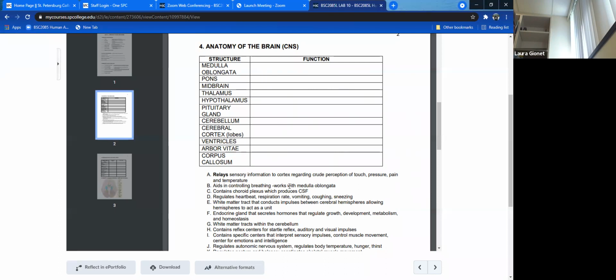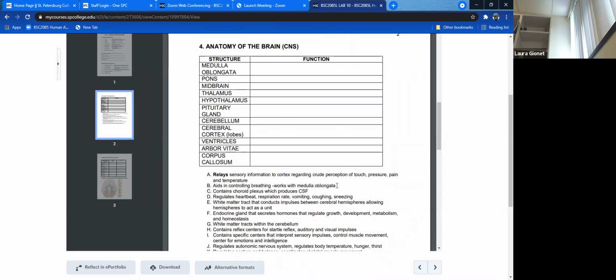Okay, so A, relay sensory information. A relay station is the thalamus. All right, so that goes with the thalamus. B, aids in controlling breathing and works with the medulla oblongata. That would be the pons. Then we have C, contains choroid plexus, which produces cerebrospinal fluid.